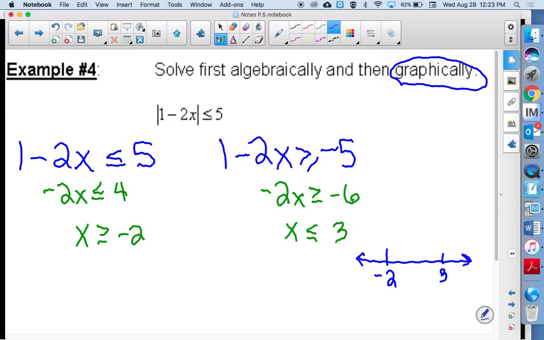Greater than negative 2 is this way. Less than positive 3 is this way. So they meet in the middle. Therefore, Mackenzie, the solution in interval notation is in brackets negative 2, 3. Nice.